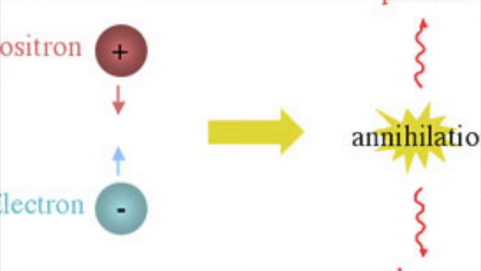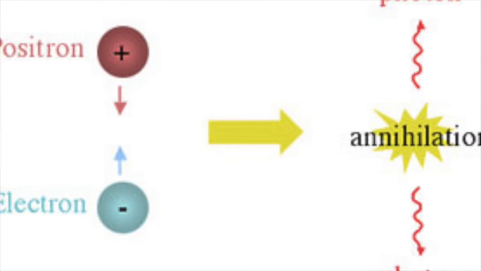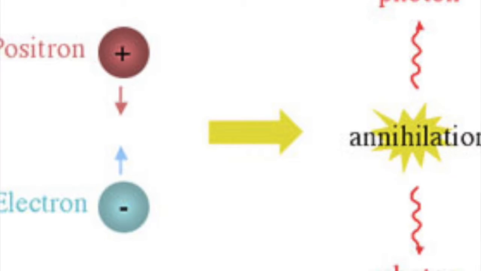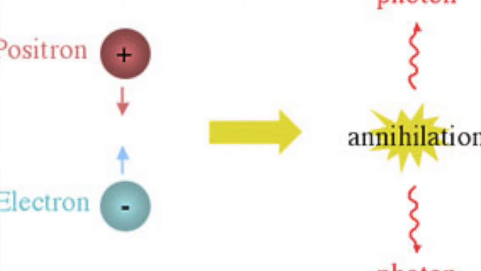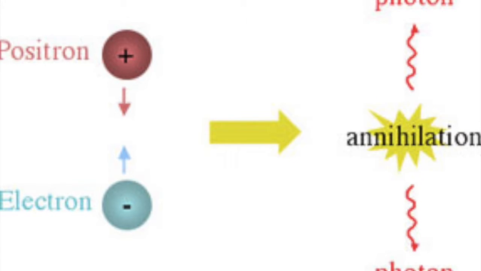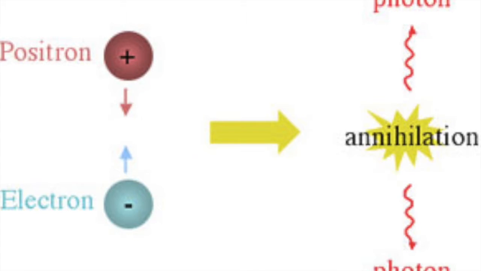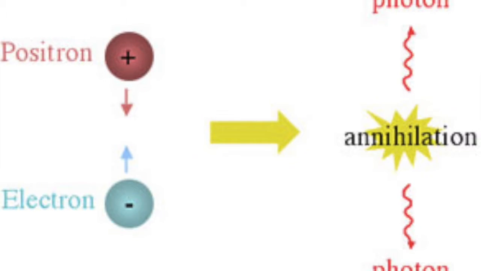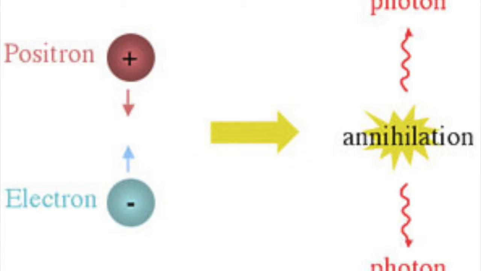But these antiparticles have exactly the same mass as the normal particles, and they are almost identical in every other physical aspect. But they differ in one aspect. Antiparticles have the opposite charge to the normal particles. For example, as you might know, an electron is negatively charged. So a positron, an anti-electron, is positively charged.